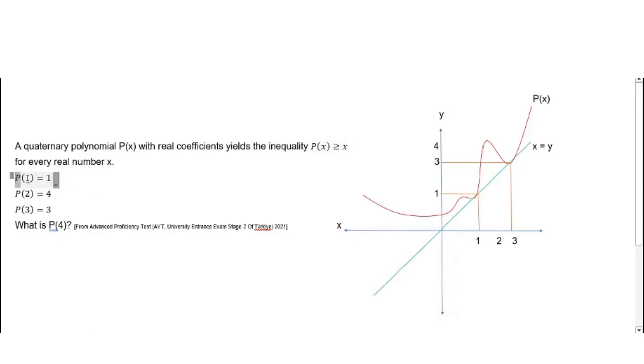And the question itself gave us some of them, P(1) and P(3), so P(1) equals 1 and P(3) equals 3. I showed them at these parts of the graph.